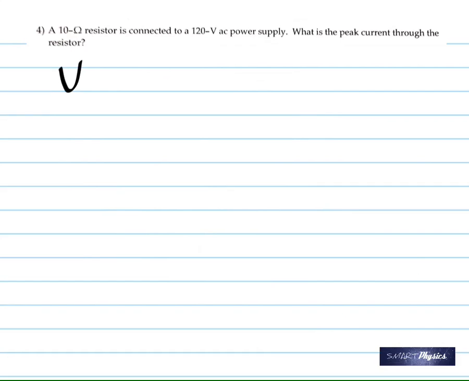A 10 ohm resistor is connected to a 120 volt AC power supply. What is the peak current? Now remember that when nothing is mentioned about the voltage, that should be the RMS voltage.